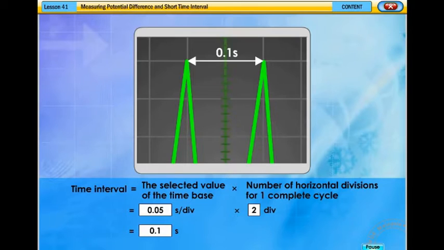Thus, the time interval between 2 claps is 0.1 seconds.